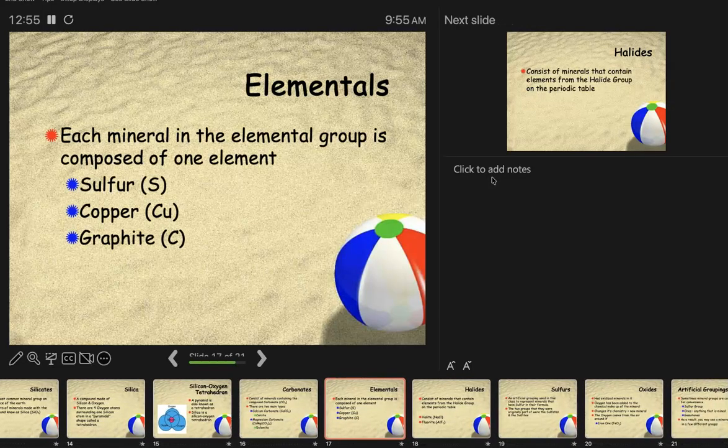The elementals. We talked about the elementals the other day when I was introducing the concept of compounds and not compounds. The idea behind an elemental is that there's just a single ingredient, and we call it a mineral. And there's sort of a running joke, although you don't really get it because it goes semester to semester, and typically you guys only see me once. But what's the difference between an element and a mineral, or in some cases a mineral and a rock?